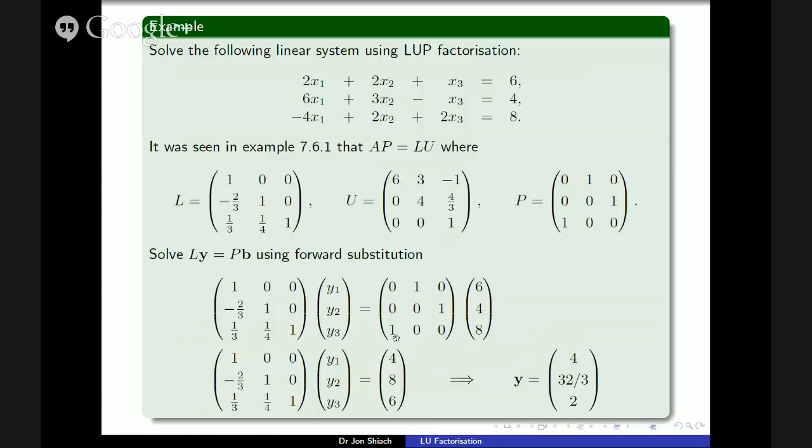And this is a 1 in the first column, which means the 6 is going to go down to there. So if we apply the row swaps to our right-hand side vector, we have this system solved by forward substitution, and we get our Y vector. That's not the solution. That's like halfway to the solution.